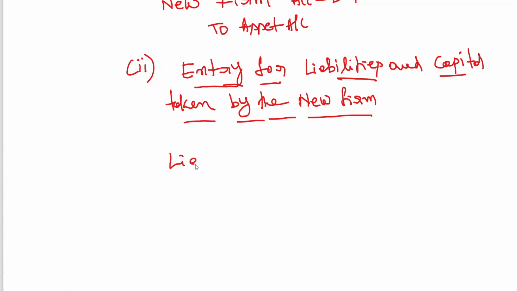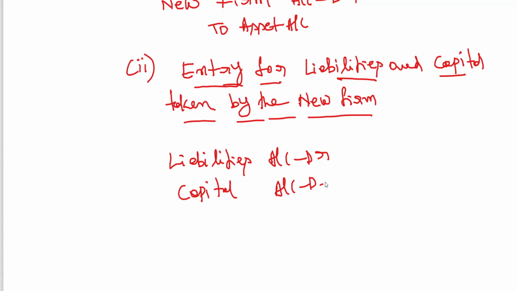Liabilities account debit and capital account debit, this you are transferring to which firm? New firm. So the entries which I have given are applicable for the transferor firms. The firms which are transferring, the entries will be applicable for them. Either it can be, in the example I've given, A, B or C, D. The entries will be common.